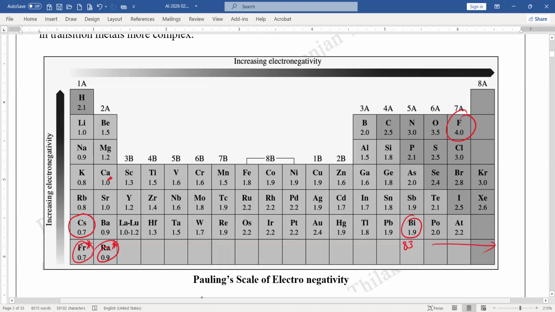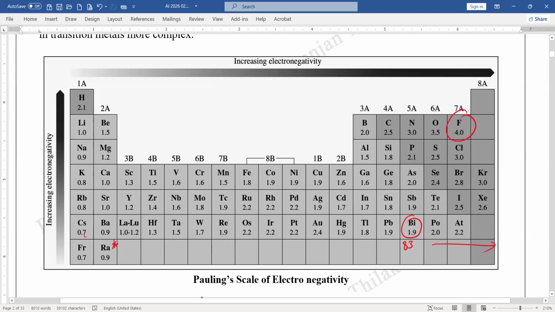So lithium, sodium, potassium, rubidium, cesium, the electronegativity is decreasing. Beryllium, magnesium, calcium, strontium, and barium, again, it is decreasing. There may be some equal values. We will discuss them later.